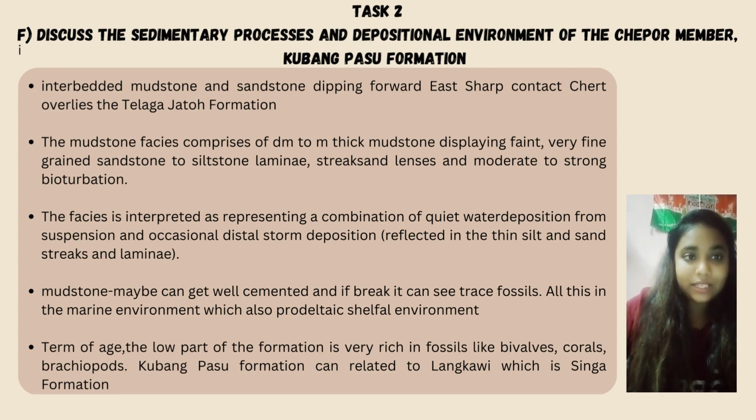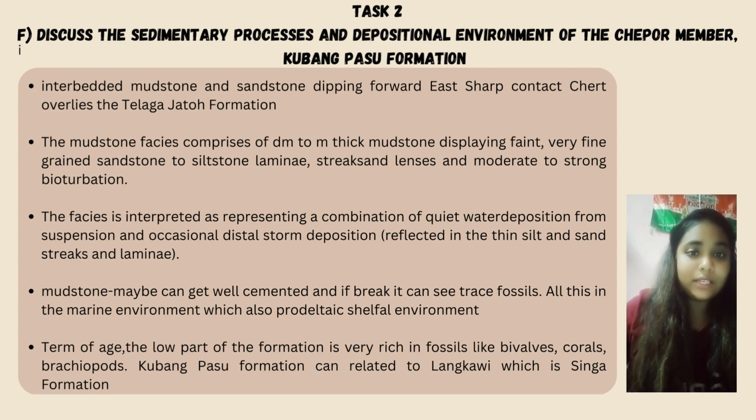The facies is interpreted as representing a combination of quiet water deposition from suspension and occasional distal storm deposition, reflected in the thin silt and sand streaks and also laminae. The mudstone can also be cemented, and if we break it, we can see trace fossils.